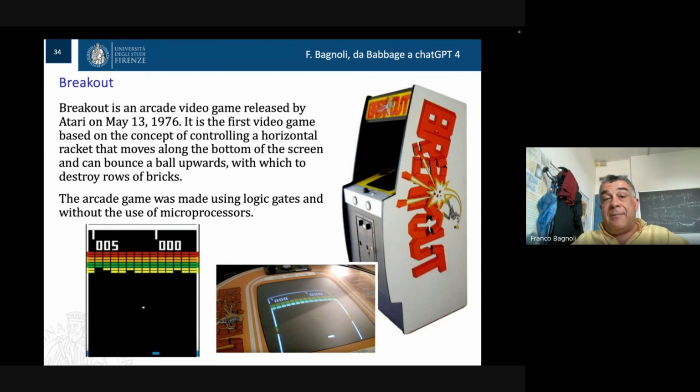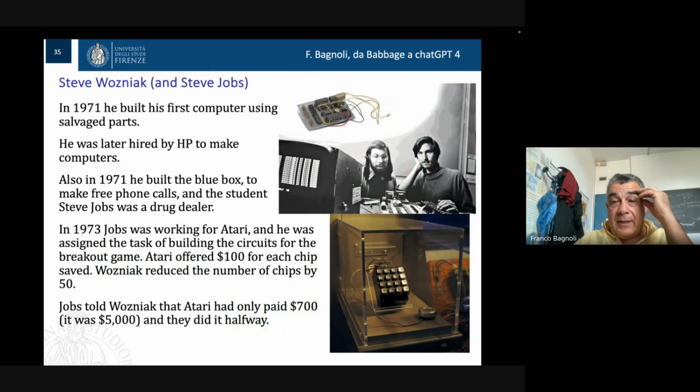They were assembled using electronics. So you had to design a circuit to, say, move your cursor on the screen, keep track of the position of the ball, and so on.